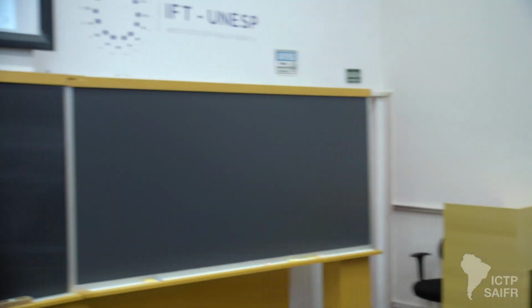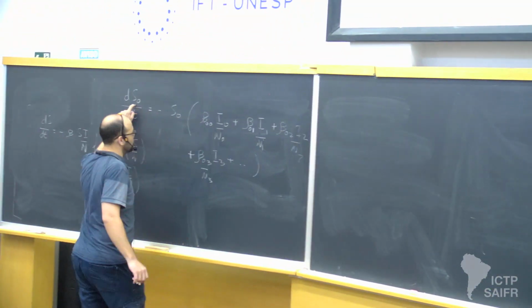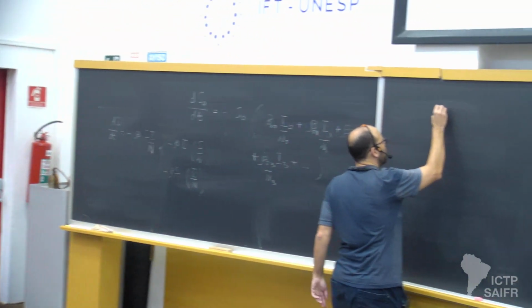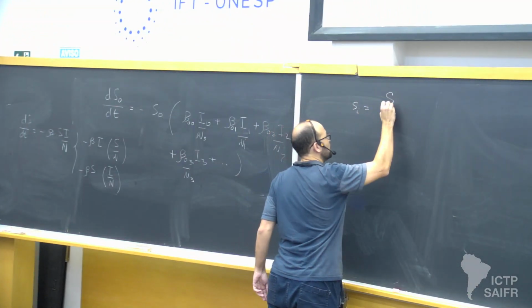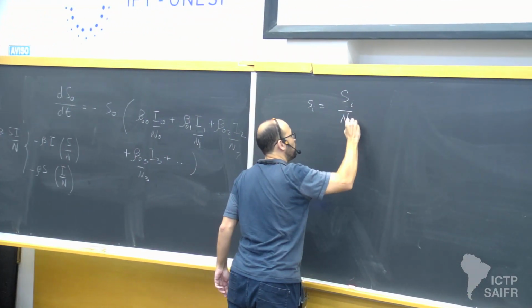Yeah, you could. But then you are implicitly saying that your equation should actually be already, I would define small s as big S over the population of that class.